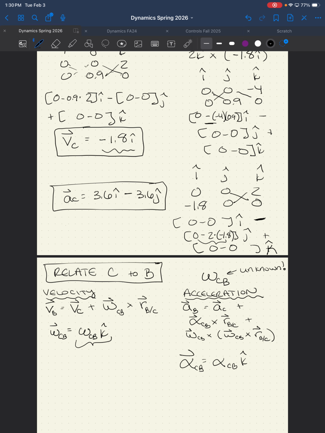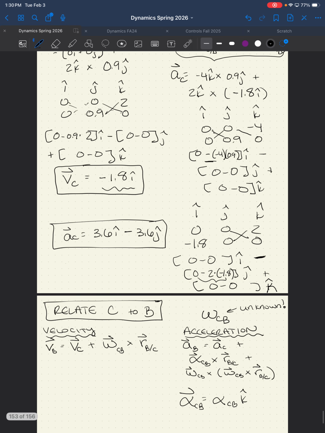So I get minus 0.6 omega CB in the j-hat direction. Now that is as good as I can get for this step in the problem. I'm going to box it because it's going to be important, and then we're going to move on to acceleration.